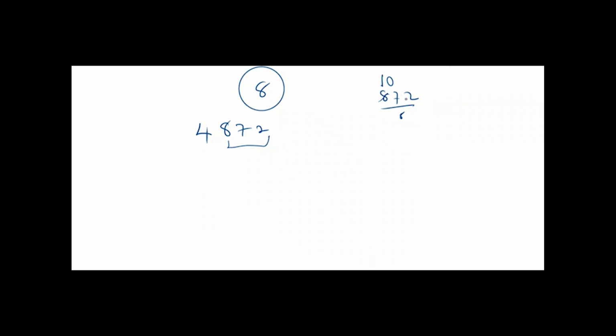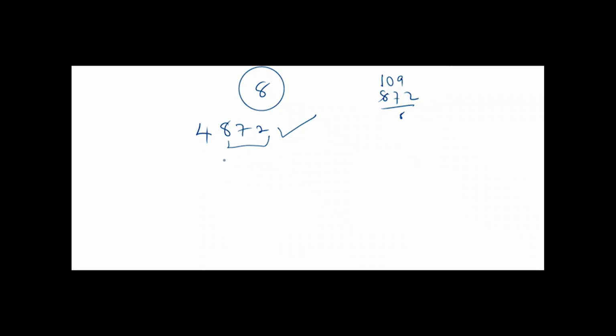Then let's take these two numbers, 72. 8 goes in 72 nine times. So that is 109. Since these last 3 digits are divisible by 8, that means the whole number 4,872 is divisible by 8.